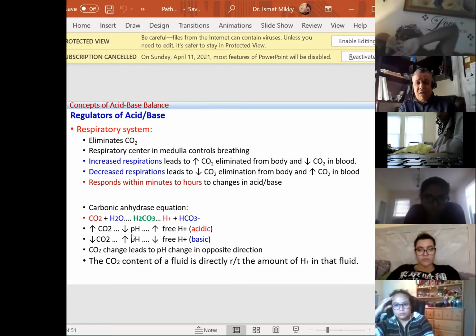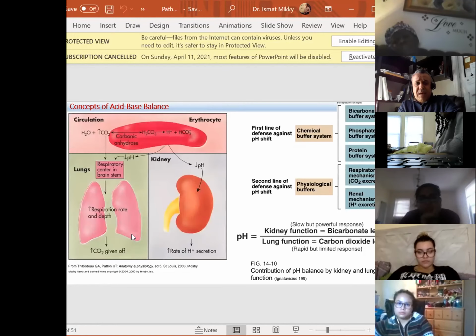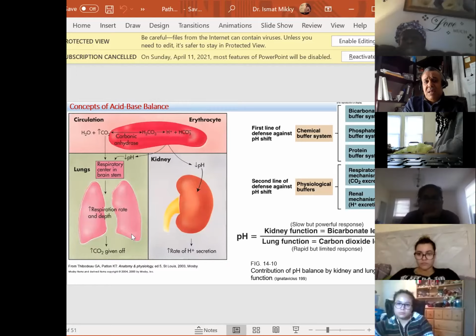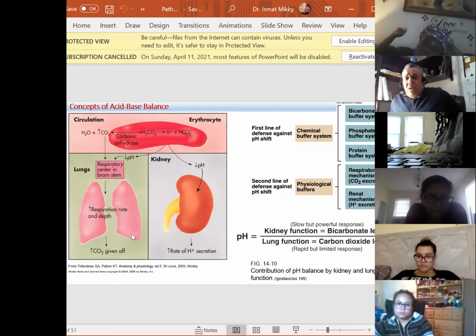So how does the CO2 level fix the acidosis? Before I go to the renal system, look at this carbonic anhydrase equation. This is one of the most important equations from chemistry to explain acid-base imbalances. Whenever we have an increased CO2 added to the water vapor in the lungs, H2O, that results in H2CO3.